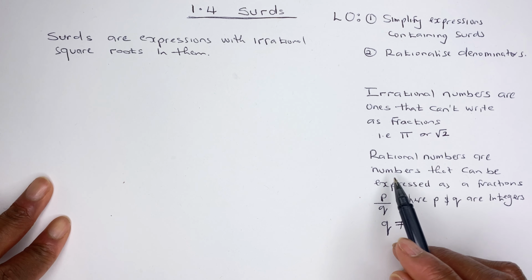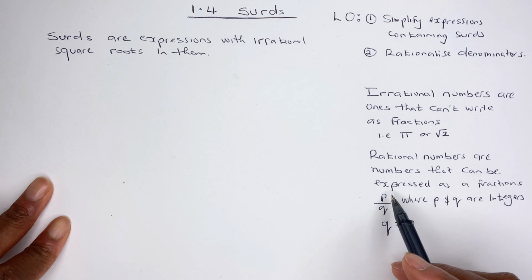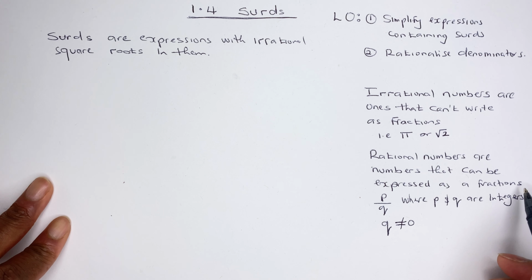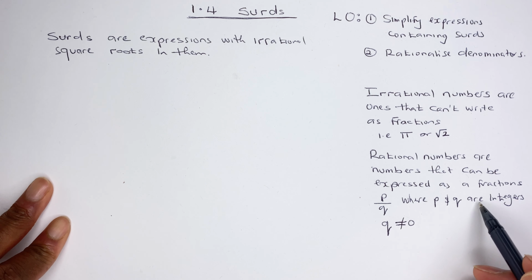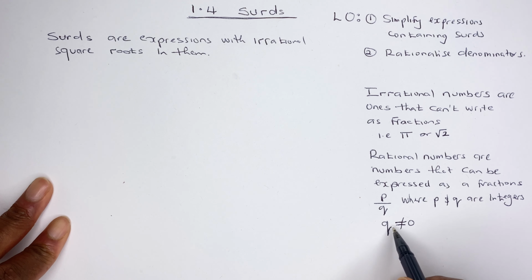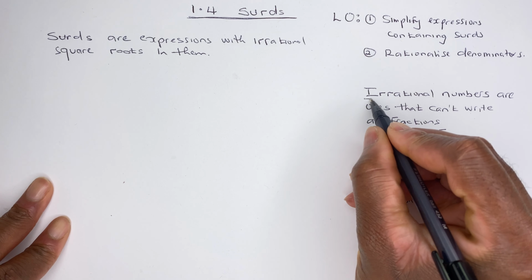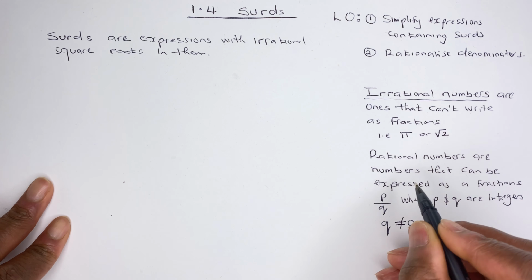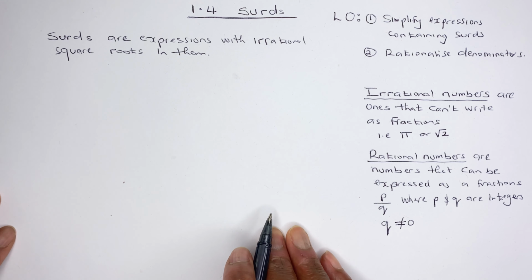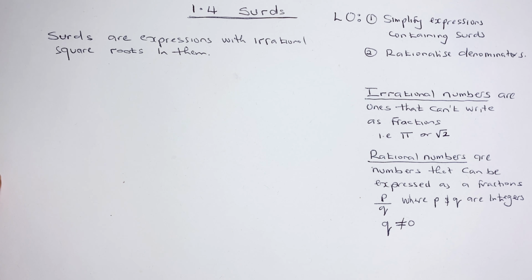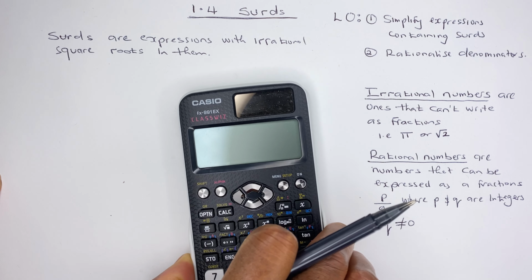Rational numbers are numbers that can be expressed as a fraction, such as p over q, where p and q are integers. Q is never equal to 0. So that's the recall there. And let's talk more about surds. I'm going to bring in my calculator.